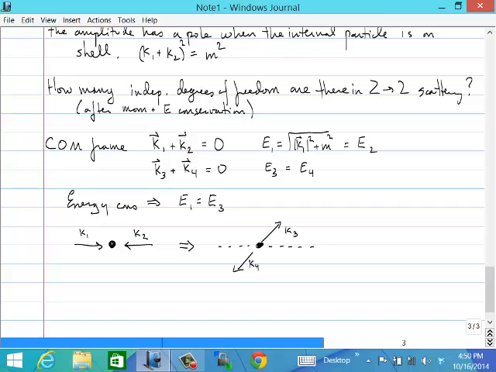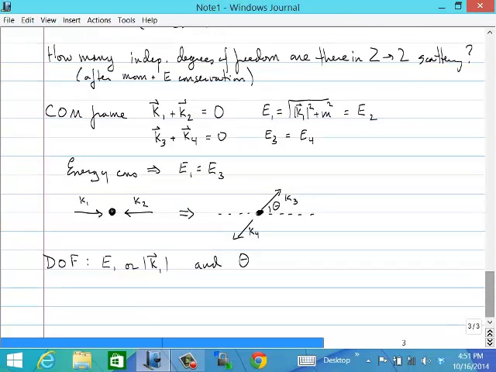And the only degrees of freedom that we are left with when we consider 2 to 2 scattering are the initial energy E1, or we could call that the initial momentum of one of the particles k1, its absolute value, and the relative angle of the scattering, which we will call theta. So at the end of the day, once we impose momentum and energy conservation, and we use rotational invariance, we are left with 2 degrees of freedom.